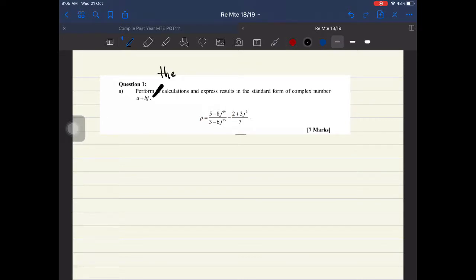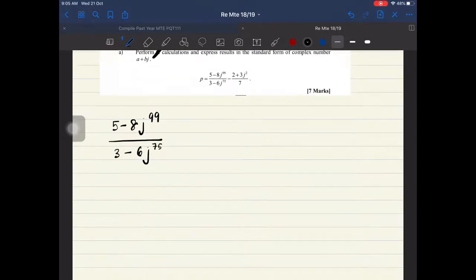So you have (5 minus 8j to the power of 99) over (3 minus 6j to the power of 75). Now we are going to simplify j to the power of 99. Okay, so now you need to find the nearest integer which is a multiple of 4.